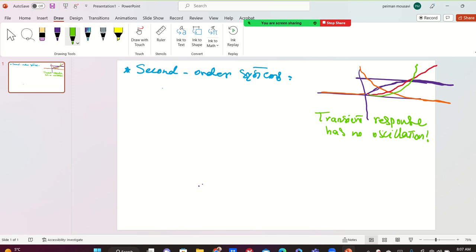So the big picture of this part is that I'm going to show you, if you have a mass and spring, and this is the mass.